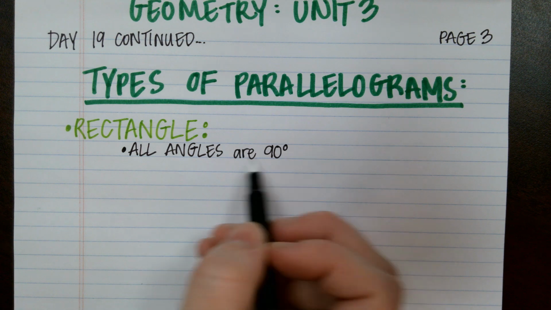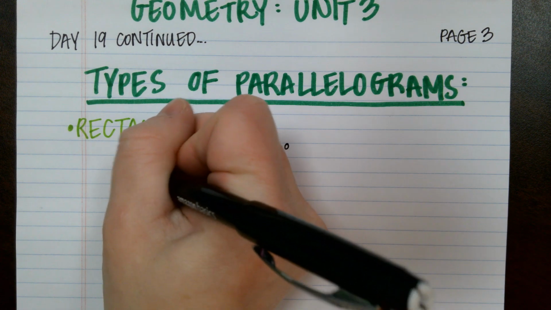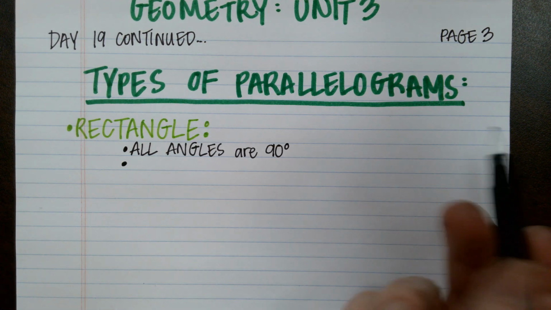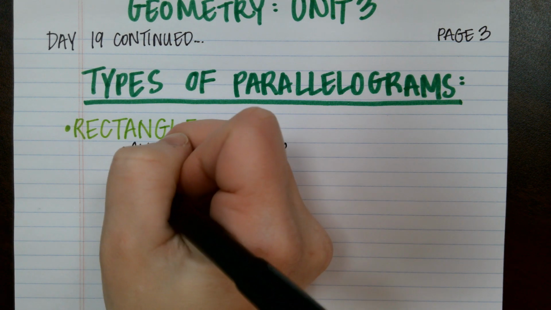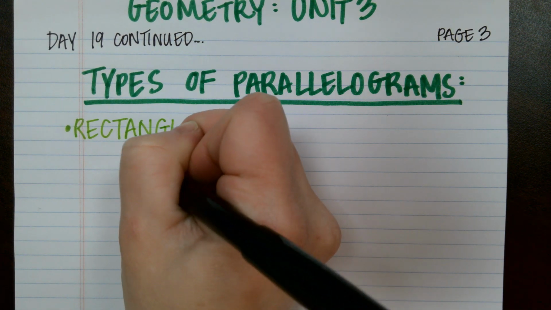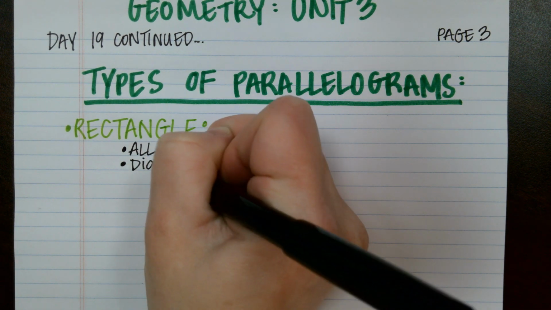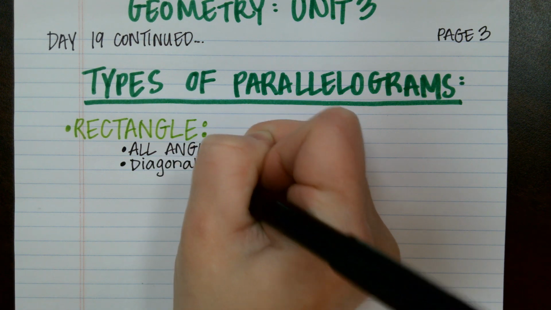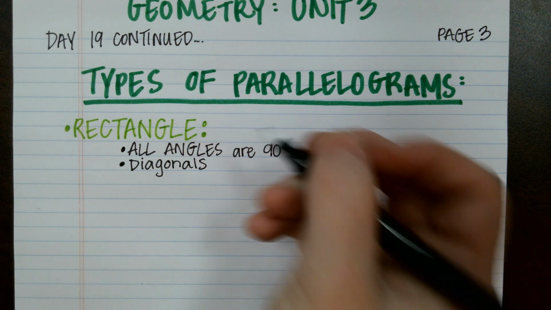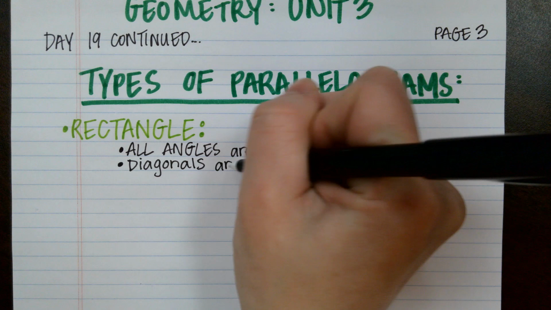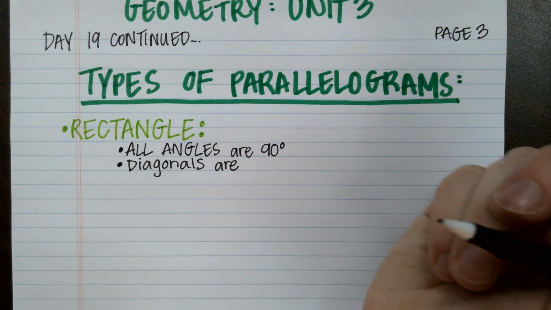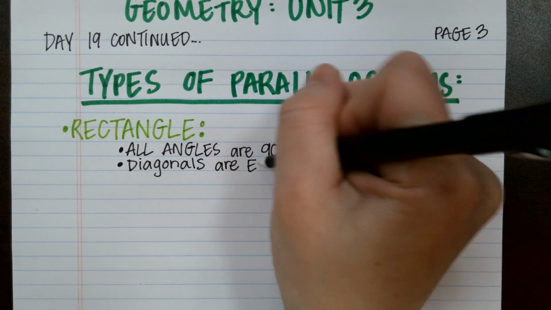And because all the angles are 90 degrees, the diagonals that we can draw inside are equal to each other. Not only do they just split each other in half, they're also equal to each other.